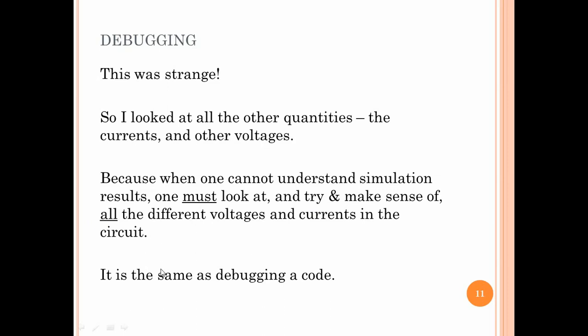This is very similar to debugging a code. When you have a code that doesn't work, you see how the various variables are behaving. You put some print commands in the middle of the code to see what is going on.